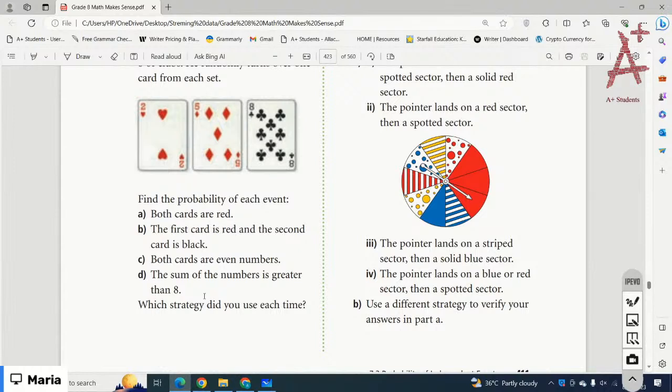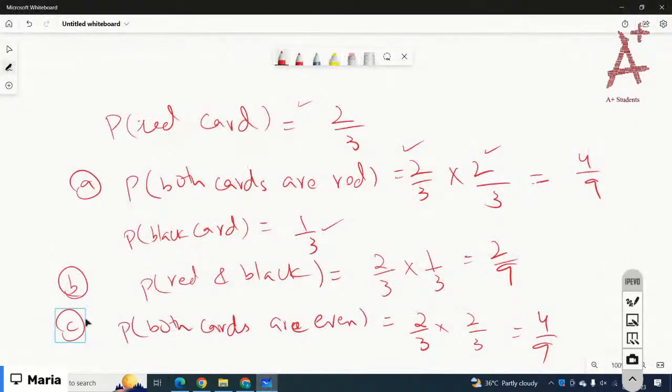That means it would be 2 and 8, 5 and 8. The sum of the numbers is greater than 8. That means you have to select the cards with probability of 2 and probability of 8, because 2 and 8 make a sum that is greater than 8, right?